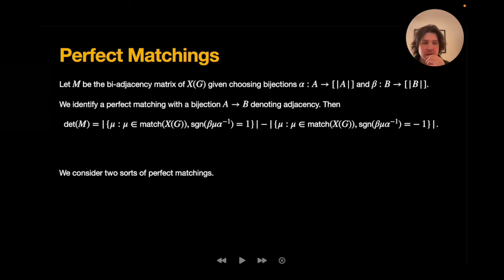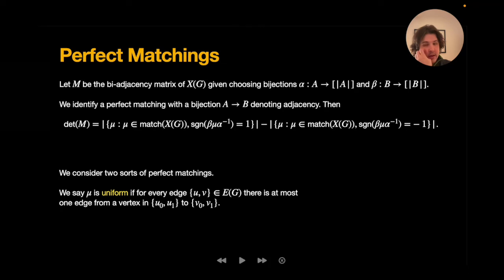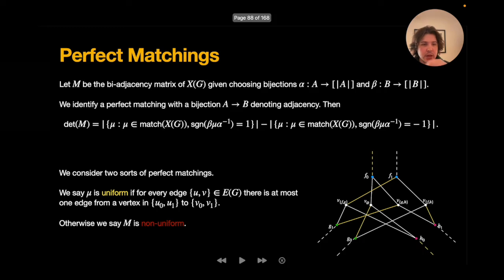What we're going to do is consider two types of perfect matchings. We say that a perfect matching mu is uniform if for every edge in the underlying graph, this is the graph from which we construct the CFI graph, there's at most one edge from a vertex in one gadget to the other. Otherwise, we say it's non-uniform. So let's look at an example.